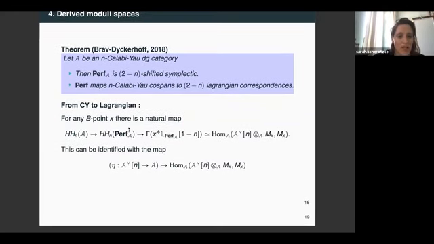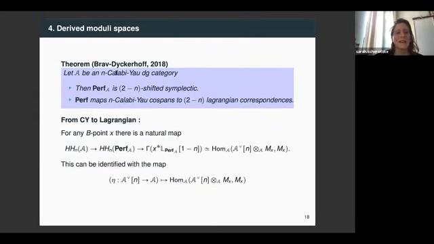Okay, so a sketch of how to get from the Calabi-Yau structure to a shifted symplectic structure. Let's say we have a B-point X. A B-point is a map from spec B to perf A. Then there's a map between the Hochschild homology of A and the Hochschild homology of perf A, and a map to the one-forms. The one-forms are the global sections on the pullback of the cotangent space of perf A, shifted by, I took them of degree 1 minus n, so degree 1 minus n forms.